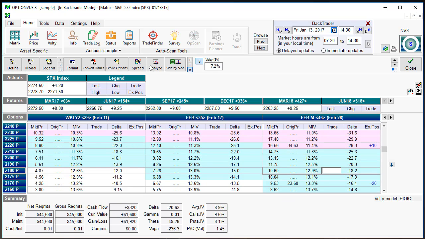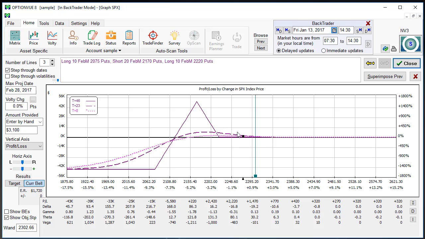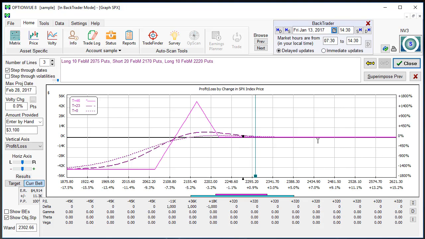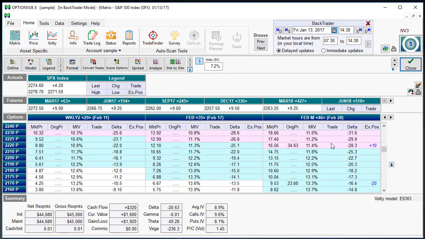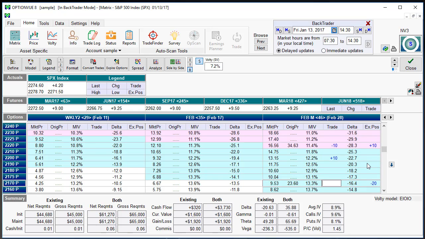But that's one of many ways to create a risk-free trade. You already have a risk-free trade to the upside. If you want to create a risk-free trade to both the upside and the downside, well, the way you do that is you move some of these upper longs closer and you get rid of some of your offending short strikes.